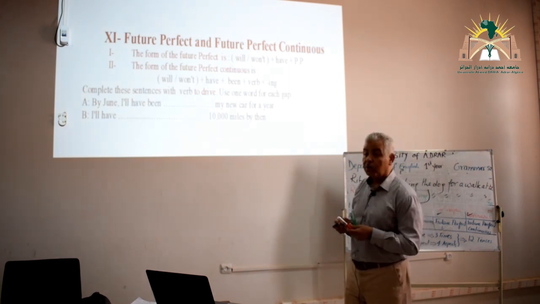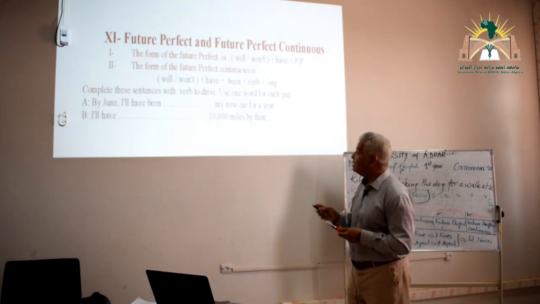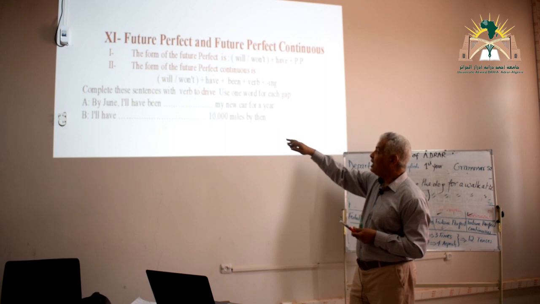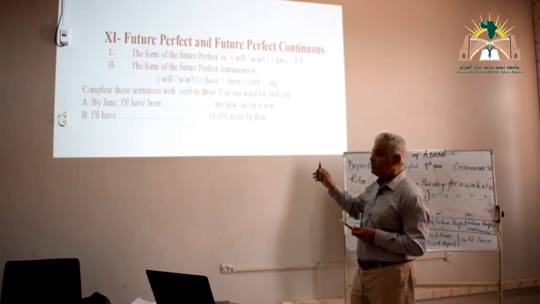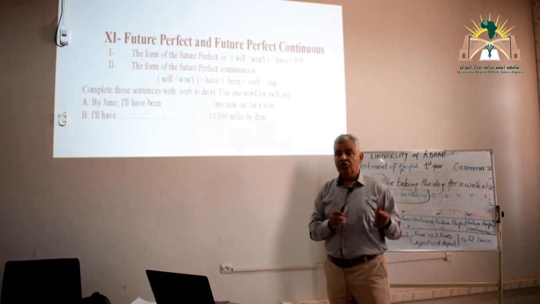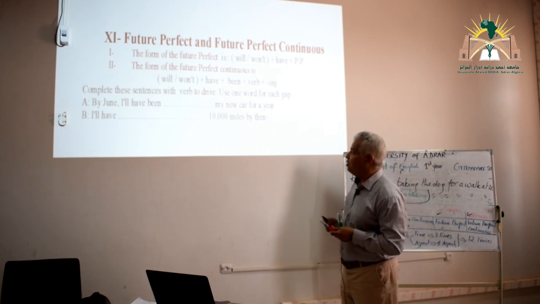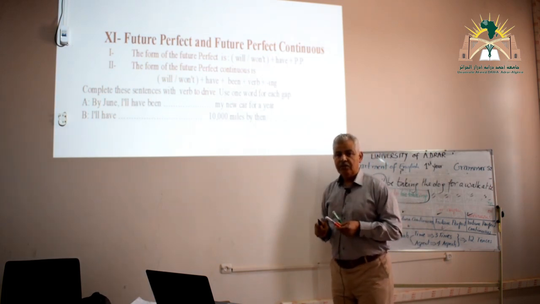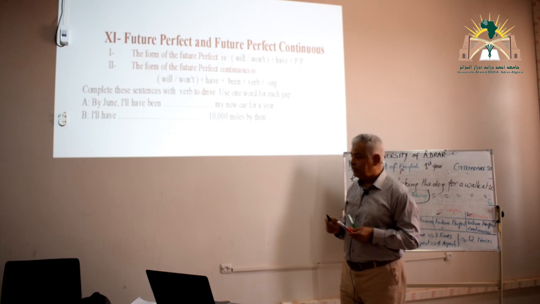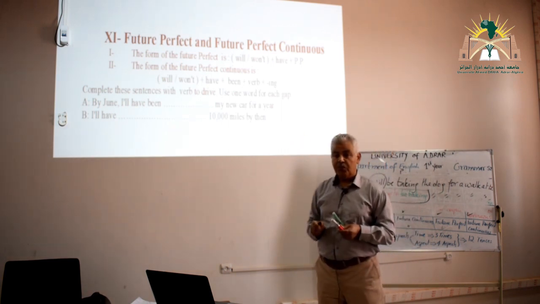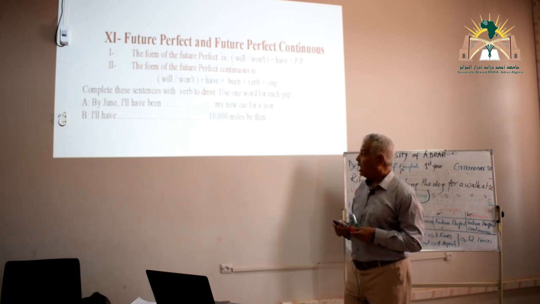Imagine that you bought a car and you would say, by June, I will have been driving my new car for a year. This means that you bought your car last June, and by next June, you will have been driving your new car for a year. The second example is about the future perfect. You can say, I will have driven 10,000 miles by then.